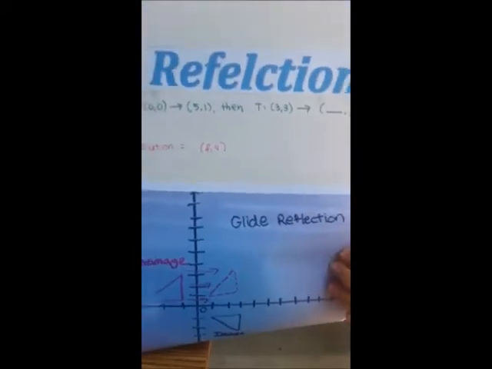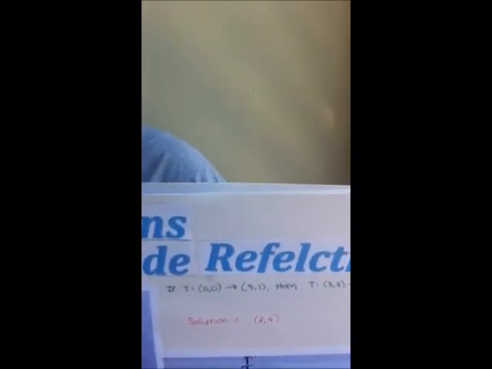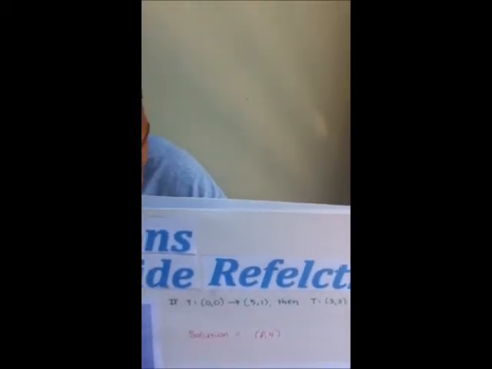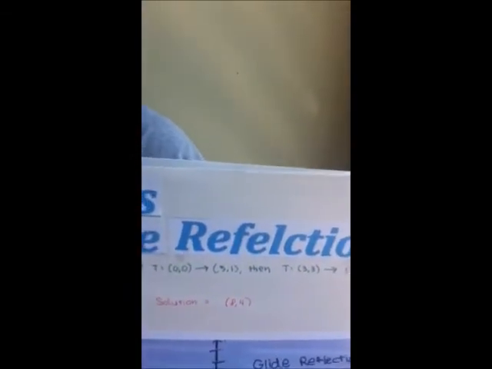So this is the image and that's the preimage. And there's an example. If translation of 0, 0 maps to 5, 1, then translation of 3, 3 maps to 8, 4.